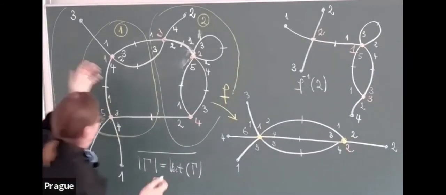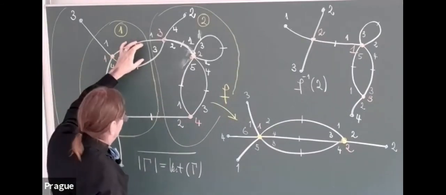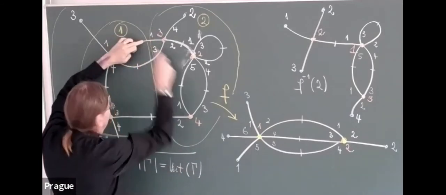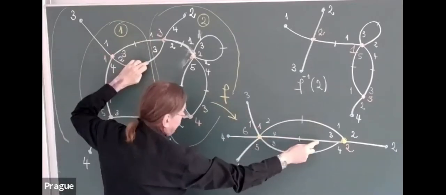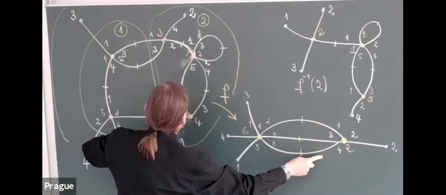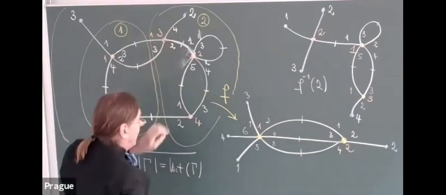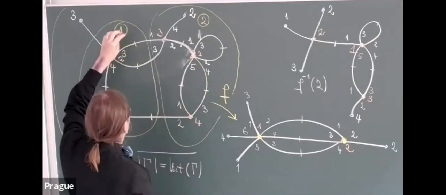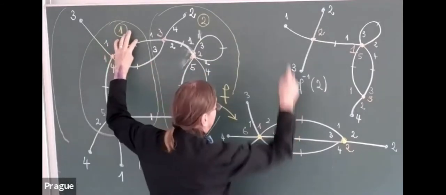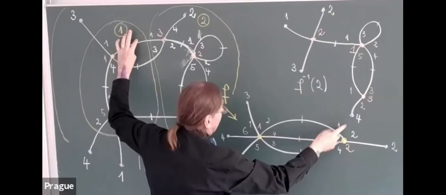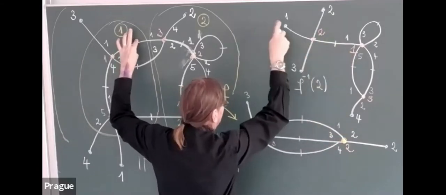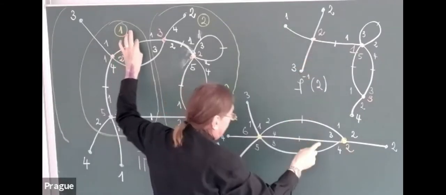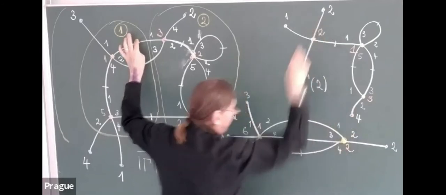So if you think a little bit about the picture, you will realize that this edge corresponds to this one, this to this one, this to this one, and finally this to this one, which means that this one has to get the first in the global order, and so on. So 3, 4, and 2.